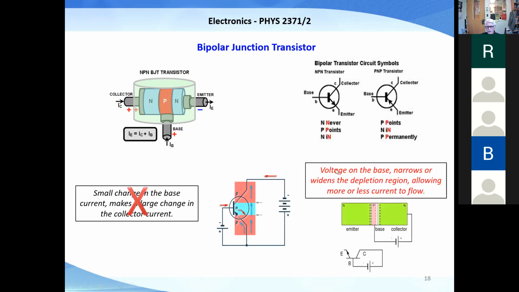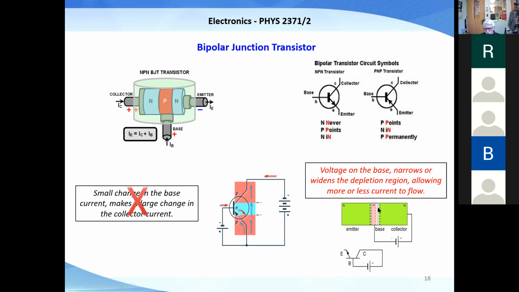I'm going to look at it and say a voltage on the base narrows or widens the depletion region, allowing more or less current to flow. Okay. So you think of this picture here.